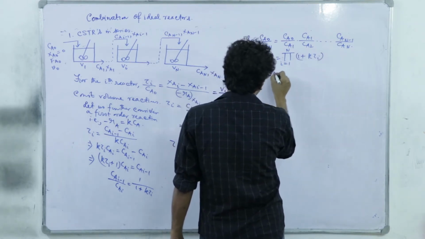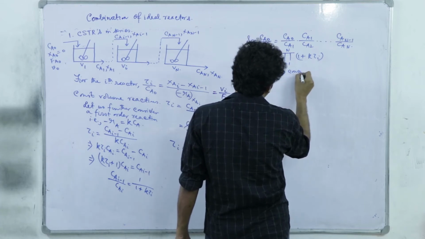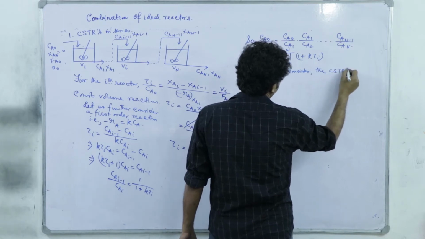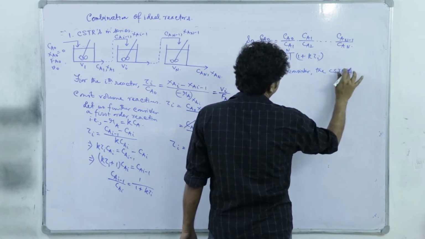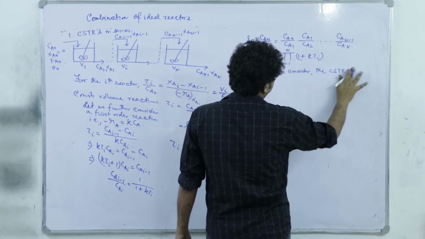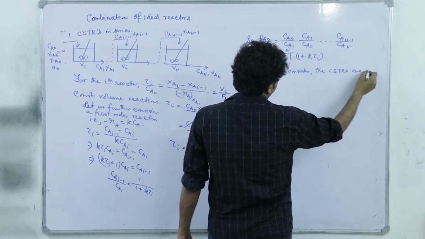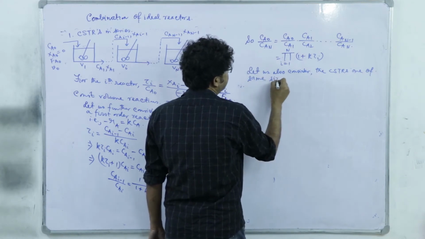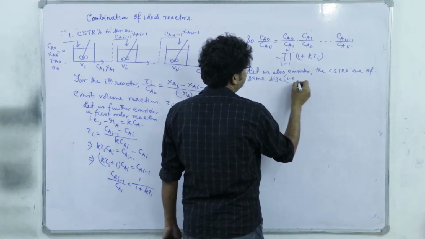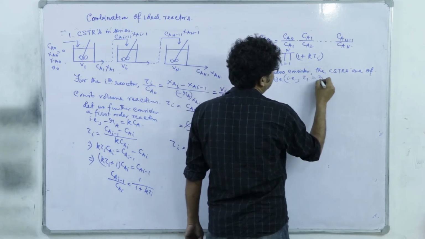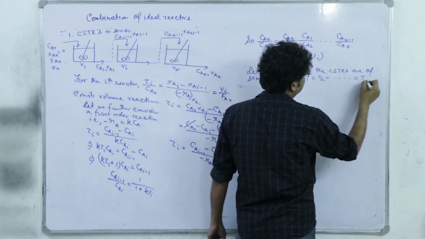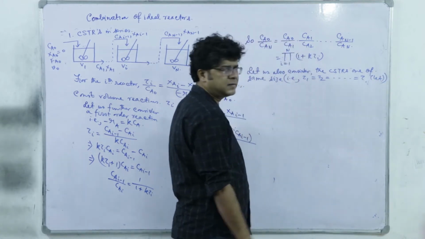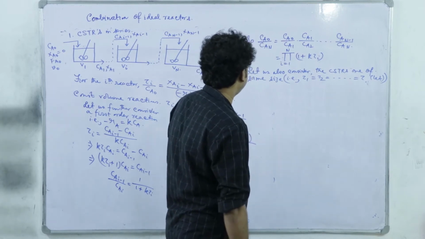Let's also consider the CSTRs are of the same size, that is tau 1 equal to tau 2 equal to tau i, all these tau are the same.